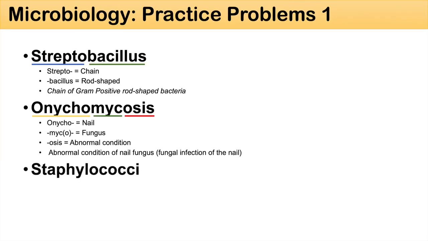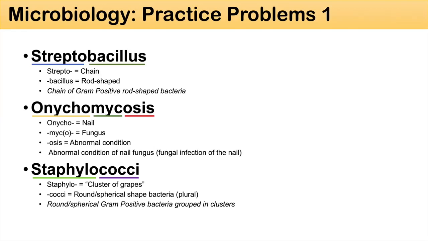The next one we're going to look at is staphylococci. Because we see staphylococcus or hear about it a lot, what does it actually mean? It's good to practice what this actually means. So if we break it down, staphylo means a cluster of grapes, and cocci is the plural form of coccus, which means round or spherical shaped bacteria.